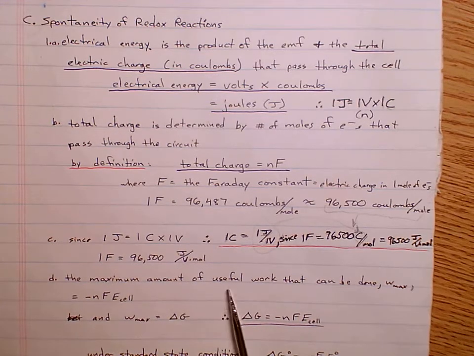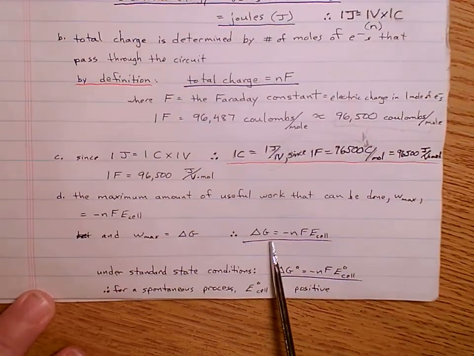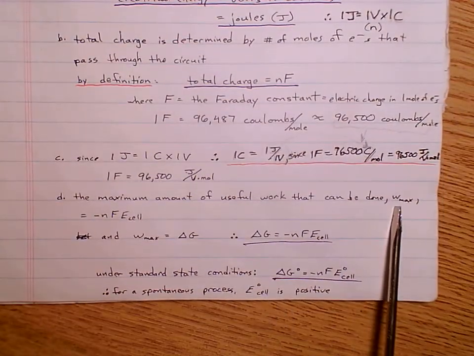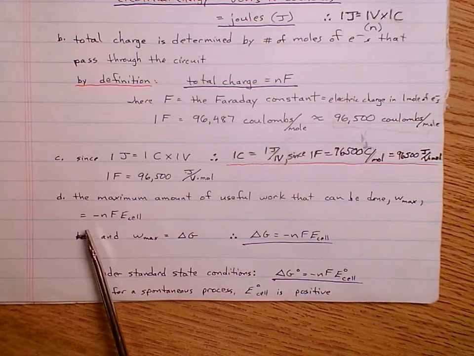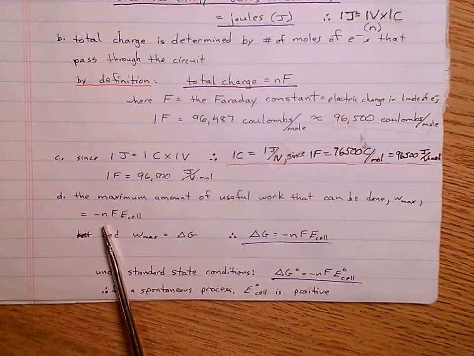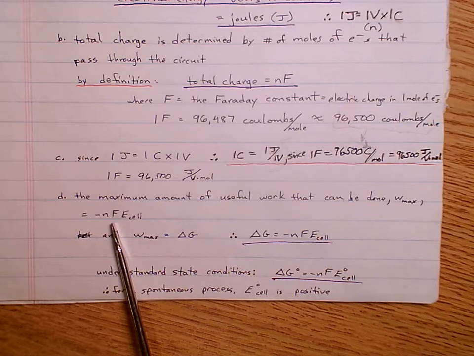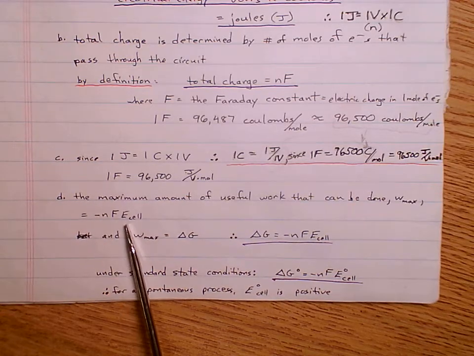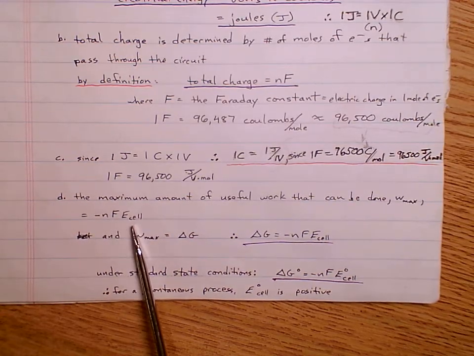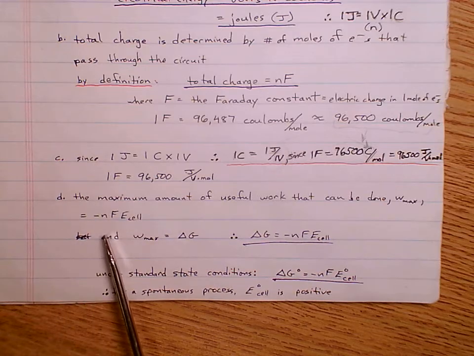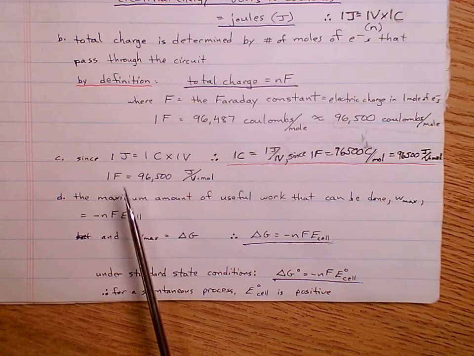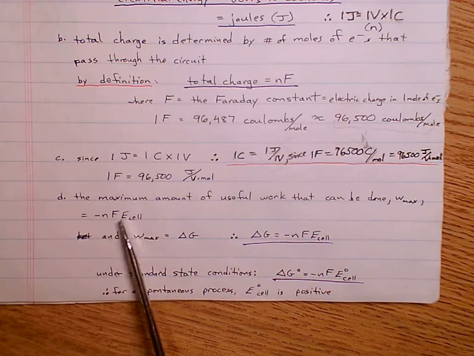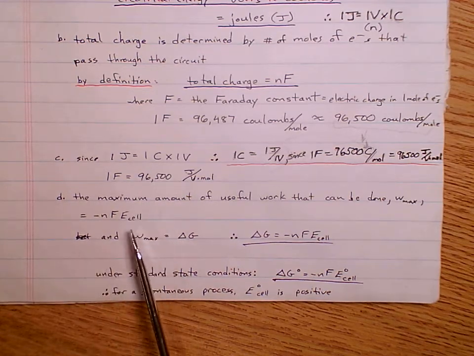Now, the maximum amount of work that can be done during the reaction, work max, equals negative nF E cell, where n is the number of moles of electrons, F is the Faraday constant, and E cell is the cell voltage. Which makes sense because this is the energy in joules, F is the coulombs, and E cell is the voltage.